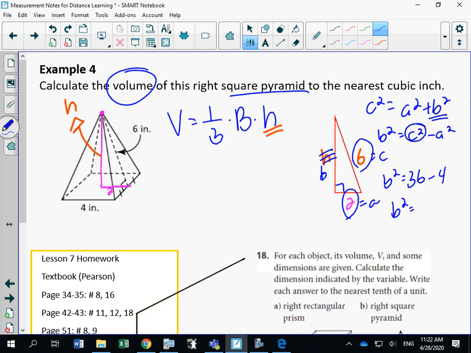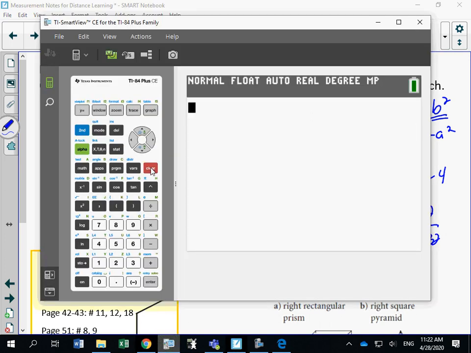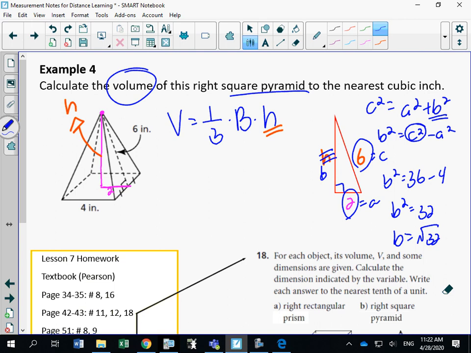B squared is equal to 36 minus 4, which is 32. Square root both sides, and my missing side is the square root of 32. If I check on my calculator, the square root of 32 is 5.65. So the height is 5.65. Okay.